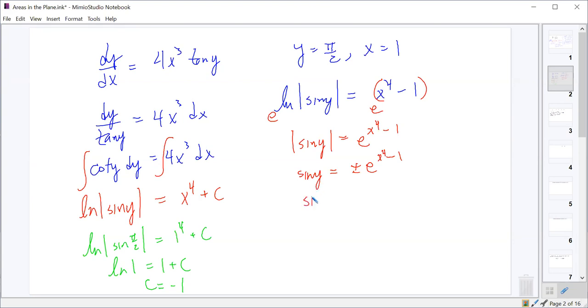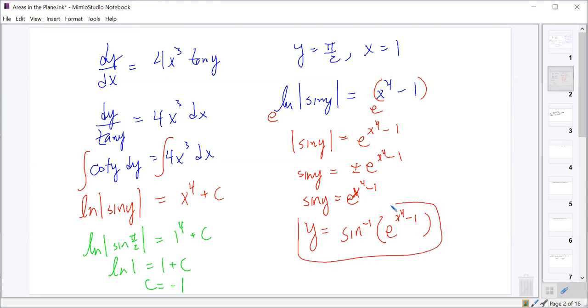So we're going to then say sine y equals just positive e to the x to the 4th minus 1. And then we'll do the inverse sine. So y equals the inverse sine of e to the x to the 4th minus 1. And so far, so good. Everybody okay with getting that as our solution?